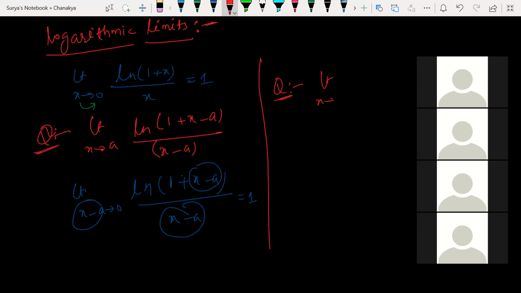Next question. Limit x tends to 0, ln of 1 plus x divided by 3 power of x minus 1. Tell me the answer.